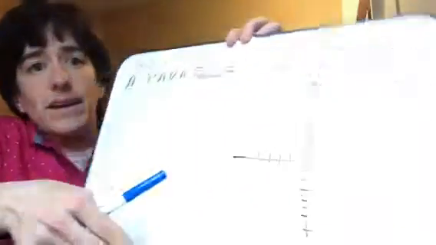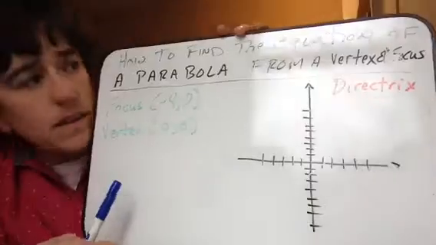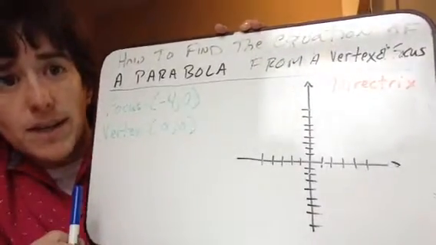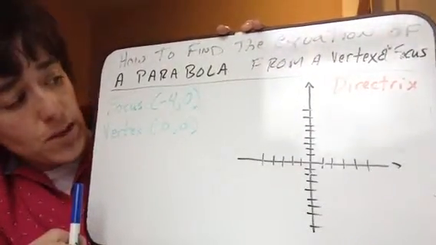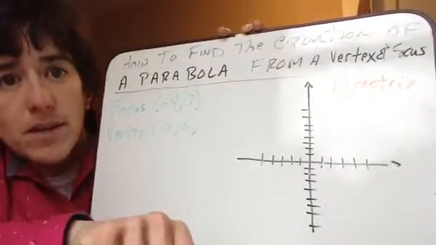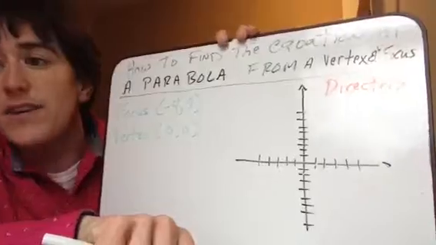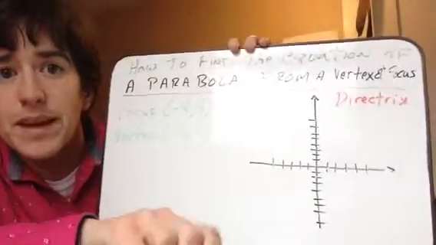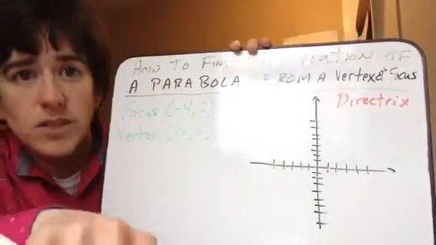So let's review how I can find the equation of a parabola if I know the focus and the vertex. In this particular problem, I'm given a focus of -4, 0 and a vertex of 0, 0.